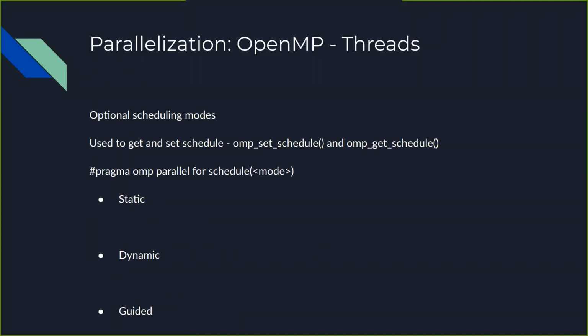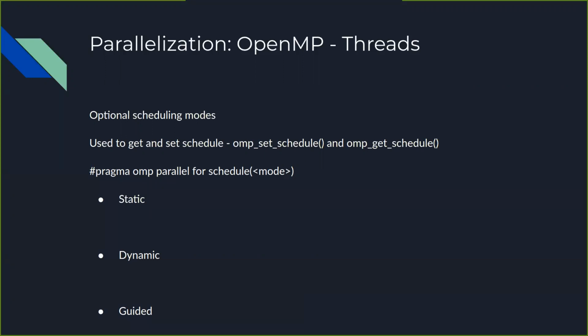You can also schedule threads, and OpenMP provides different mechanisms depending on how you want to schedule them. You can schedule threads in a round robin way. For example, data at index 0 goes to thread 0, data at index 1 goes to thread 1, data at index 2 to thread 2, 3 to 3, and so on.